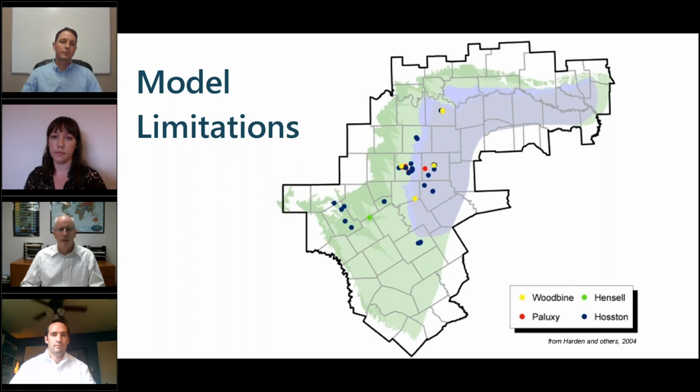The last point is to remember that a well-calibrated model doesn't necessarily mean it's going to give you accurate predictions, especially with these GAMs as you're starting to use them in a predictive mode to model stresses, pumpage, beyond which they were calibrated for.